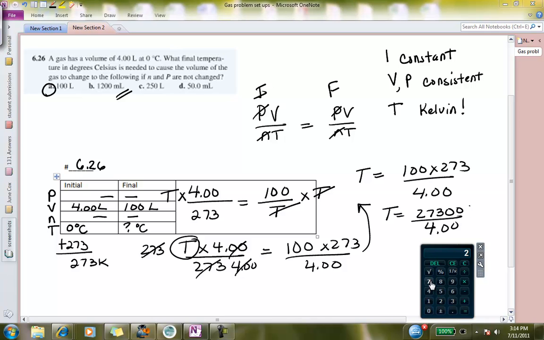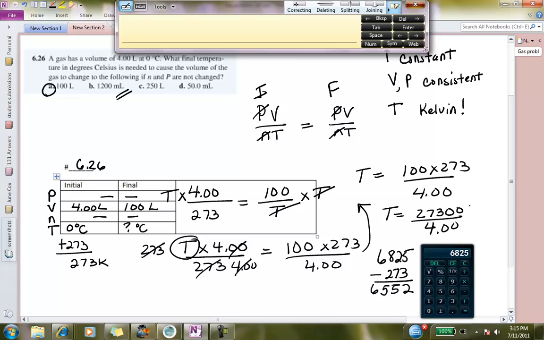And when I plug that in, 273.00 divided by 4 equals, I get a temperature of 68.25. Now that temperature is in Kelvin. I will subtract 273 from that, and I get 65.52.